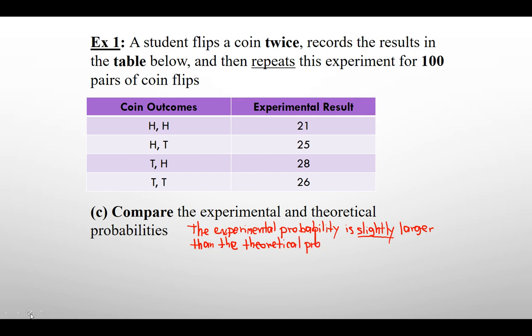Oops, I don't know why I did a vertical line here. Let's get rid of that. Experimental probability is slightly larger than the theoretical probability of obtaining tails followed by tails in this experiment.